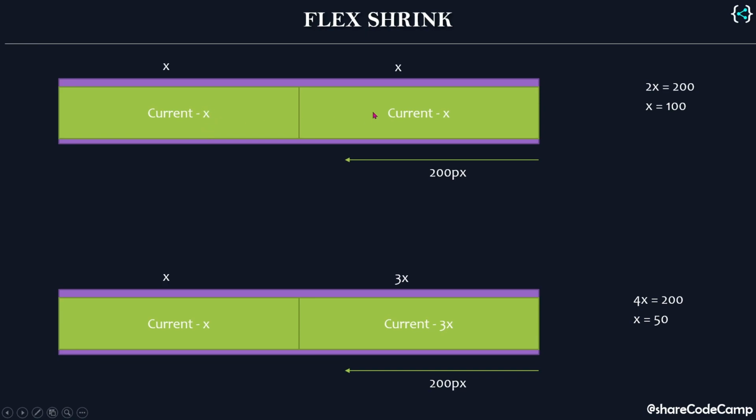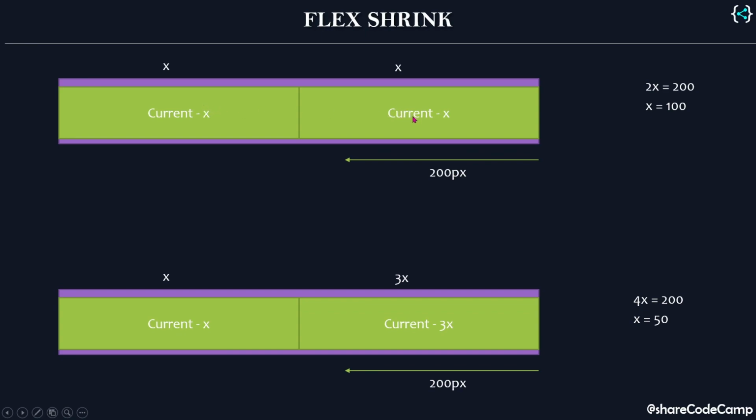Now imagine we have our 2 items and this is our container, and imagine that we want to shrink our container 200 pixel back. So in this situation, let's assume that we gave them x and x. In this case, the 2x is going to be 200 because we shrink 200 pixel, imagine, and x is going to be 100, and this is why it's going to be current minus 100.